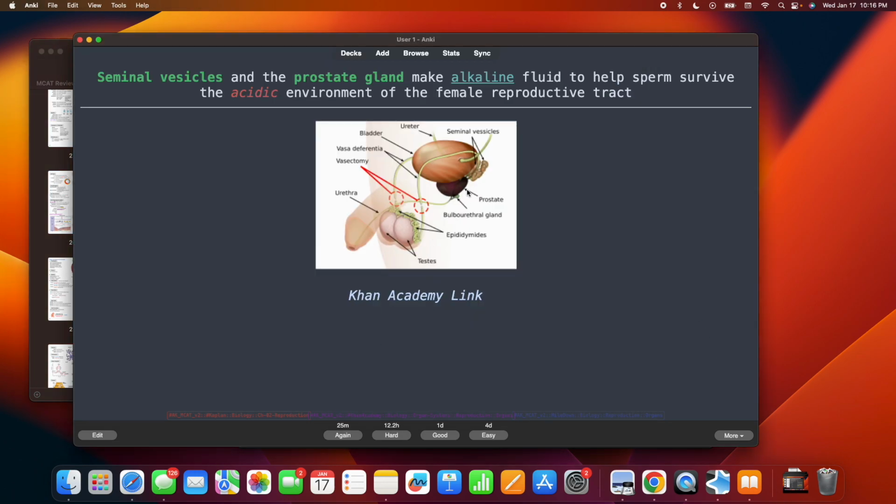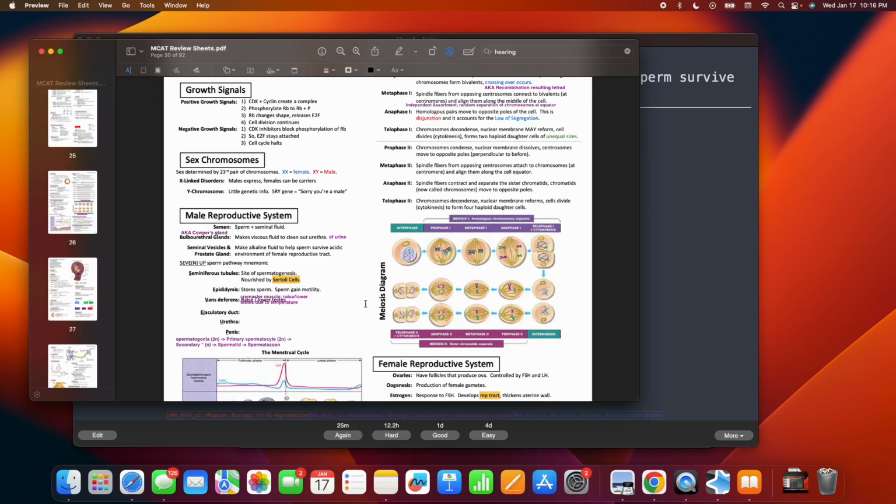So where are we here? This is the prostate under the bladder, and we have the seminal vesicles here. Then we have the bulbourethral gland, which is after that. What does the bulbourethral gland do again?